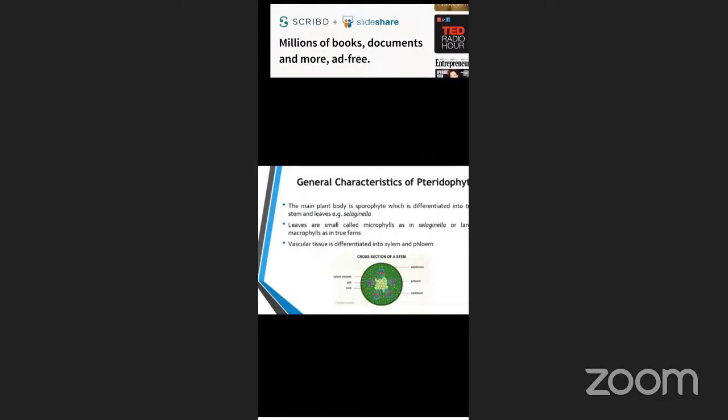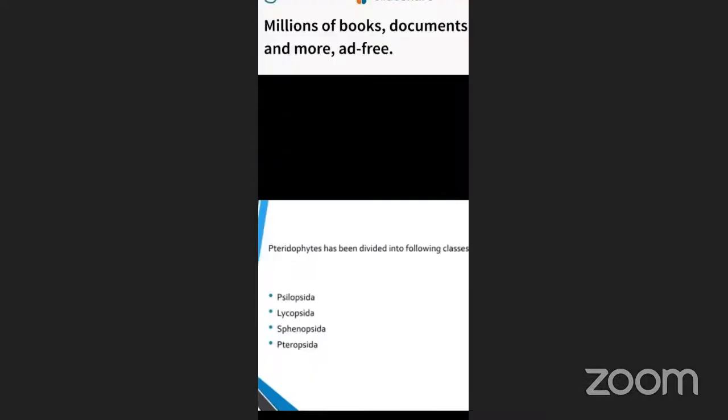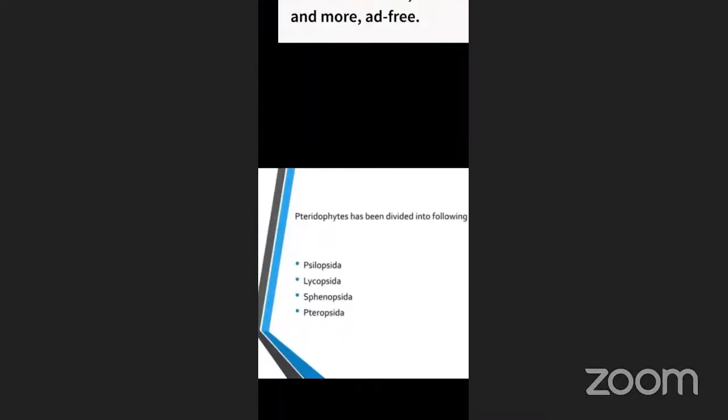So now classification. Pteridophyta classification here. There are different classifications. After the final Phyloptera, Lycoptera, Spinoptera, Pteroptera, the vascular cryptogams were critically studied by various scientists and divided into Pteridophyta and Spermatophyta.